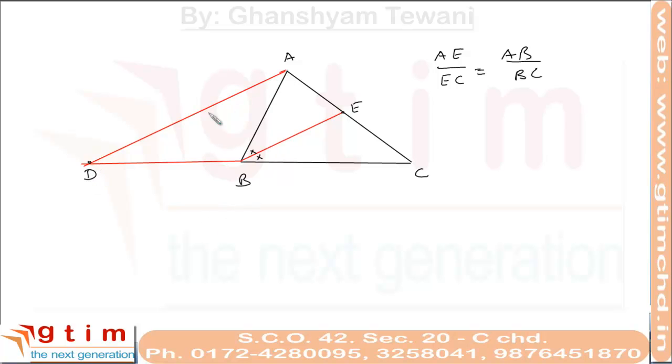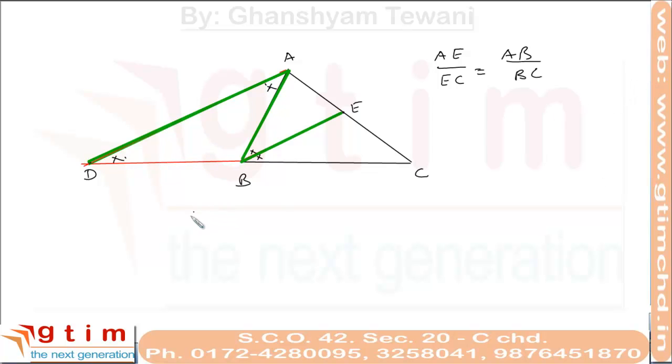Now, angle DAB will be equal to angle ABE. Okay, these two angles are same. If we mark this, then this angle and this angle are equal. Further, since this line and this line are parallel, this angle and this angle are also equal, so we have these two angles equal.